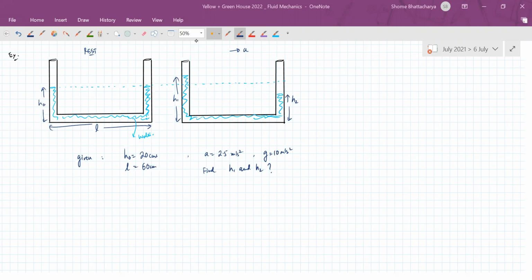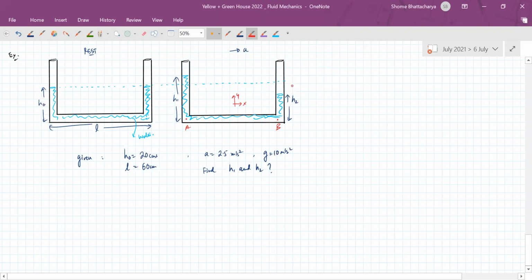Yes, very good, Tanmay, that's correct. So what we can see here is that if we compare these two points, let's say A and B, and we take this as our x-axis and this is our y-axis.